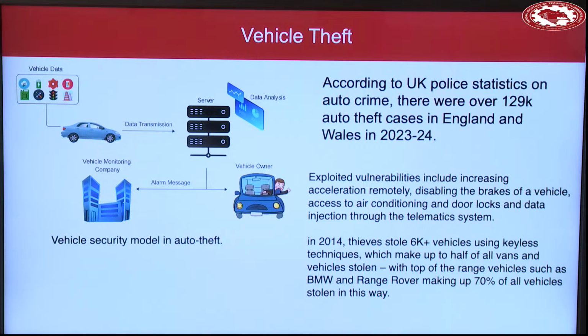So in 2014 there were around 6K vehicles stolen using keyless technology, and half of them were vans. Top-of-the-range vehicles such as BMW and Range Rovers made up 70% of the vehicles stolen. So thieves are particular about what kind of model and type of car they want to steal, because it has certain security issues within it.